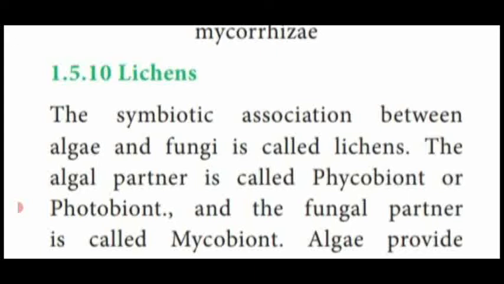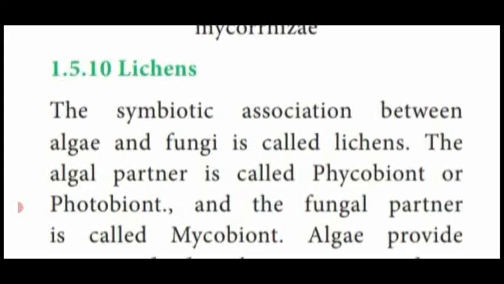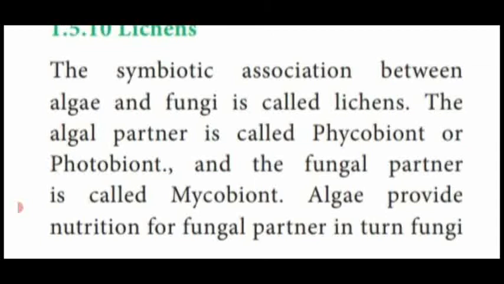In this lichen, the algal partner is named the phycobiont and the fungal partner is known as the mycobiont. This is also an important 1-mark question. The algal partner of the lichen is known as dash, phycobiont. The fungal partner of the lichen is known as dash, mycobiont. Dear students, the algal partner provides food material to the fungal partner.